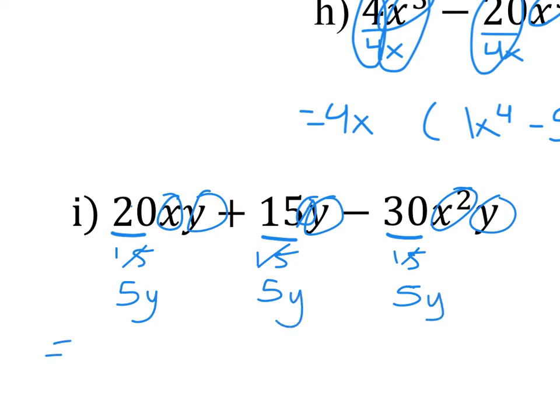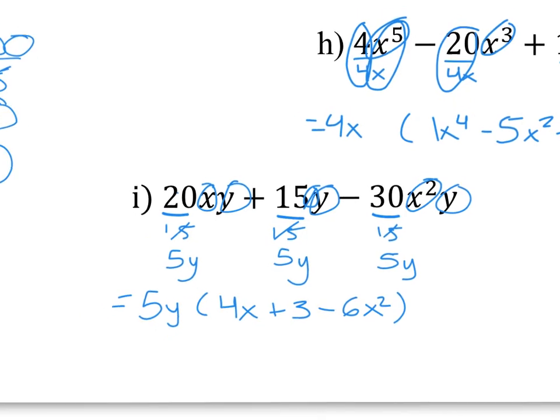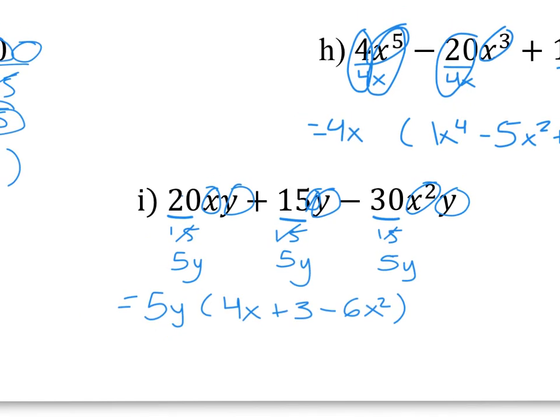Now we'll divide. 20 divided by 5 is 4. You used to have a y there. Now you're just left with an x. 15 divided by 5, 3. You used to have a y, you took it away, so there's nothing else there. Negative 30 divided by 5 is negative 6. You have 2 x's and no more y's. And that's about as hard as we're going to go with greatest common factor.